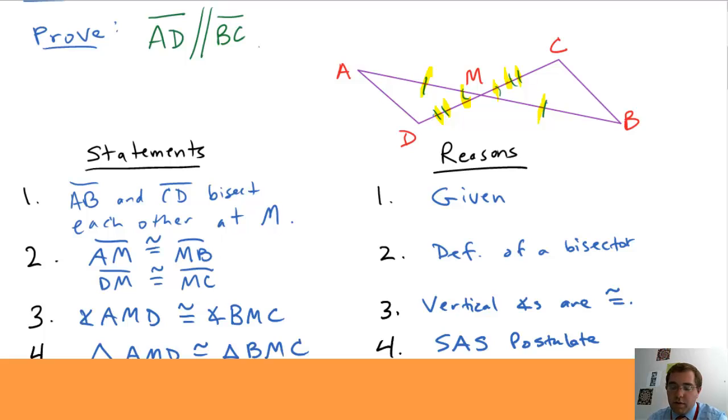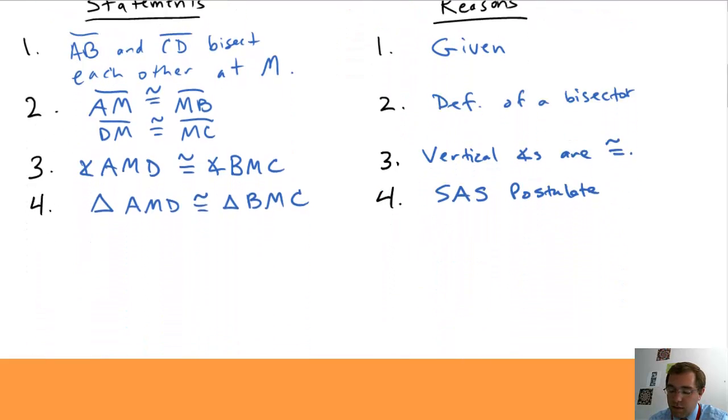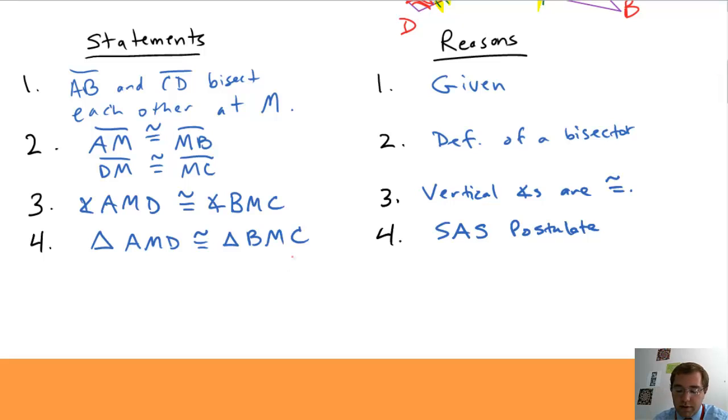So if I could show that, say, angle D here was congruent to angle C up here, then I would know that AD was parallel to BC, because those are alternate interior angles. Well, how do I know that angle D is congruent to angle C? Because those are corresponding parts of my congruent triangles down here. I know D is going to correspond with C.